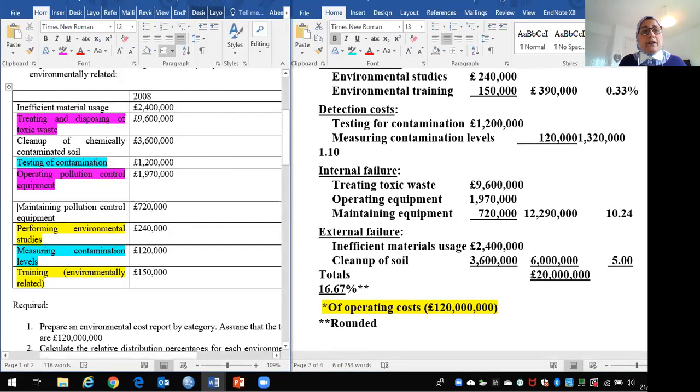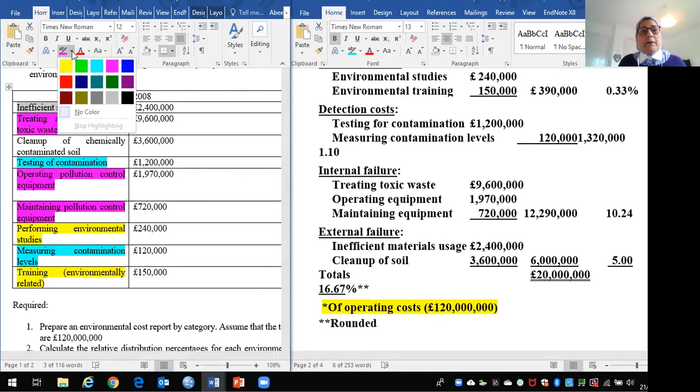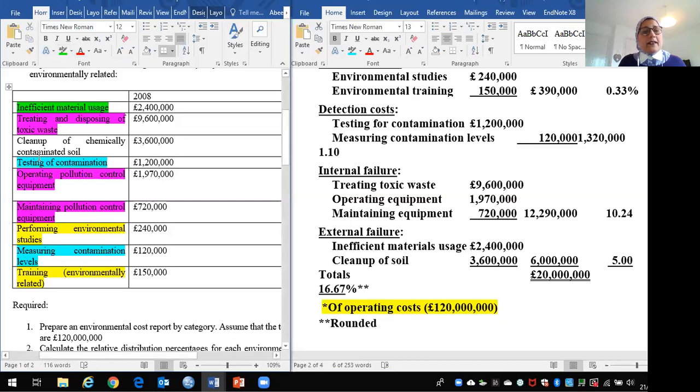Maintaining equipment is pink, which is internal failure. Here, the last item, inefficient material usage. What color is left here? Let's make it green. And clean up the soil is external.